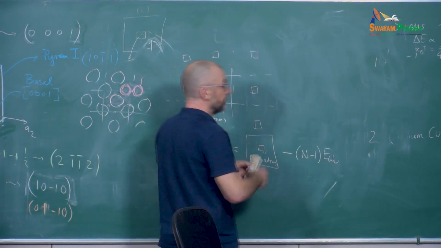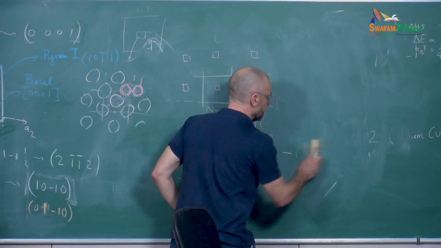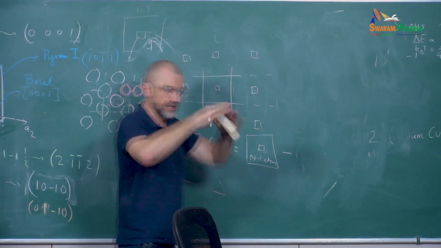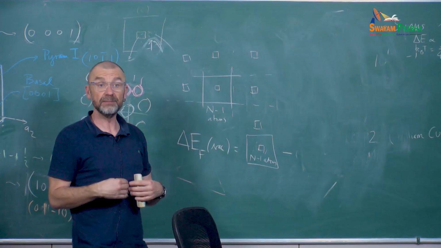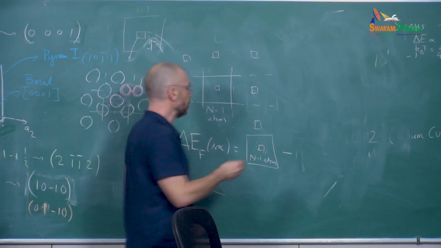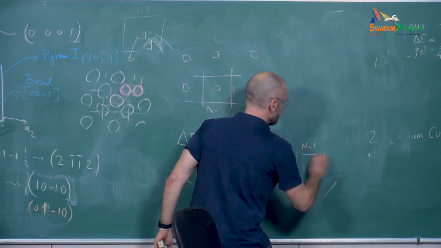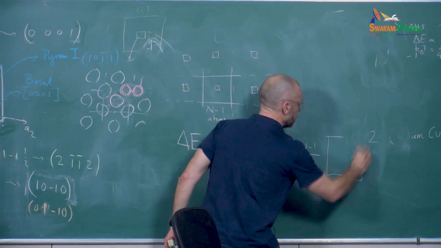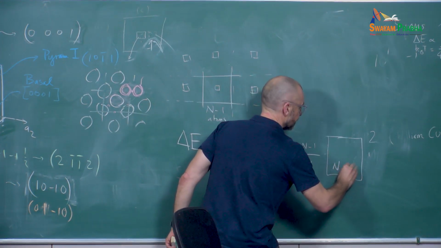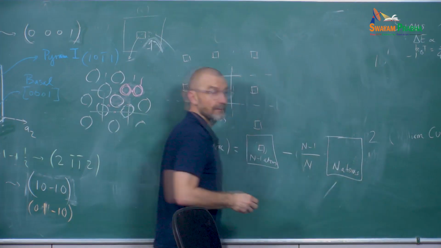So, if you want to do it, you can do it in a different way. The cohesive energy is just the energy of a perfect crystal divided by the number of atoms, right? So you could also do n minus 1 divided by n times the energy of a cell with n atoms, right?